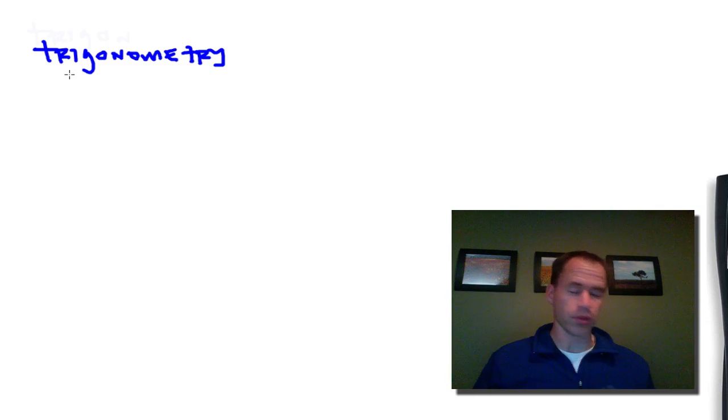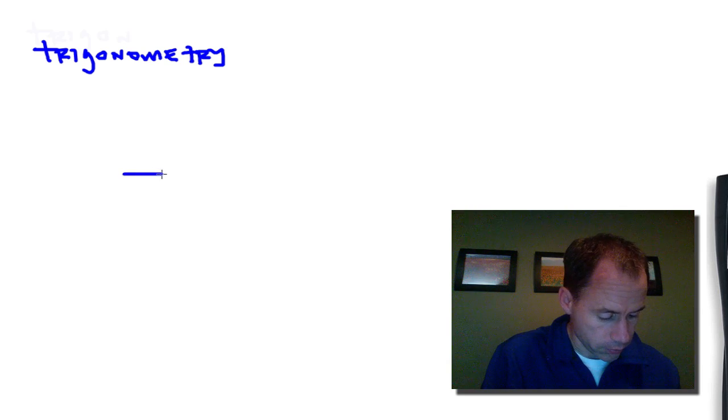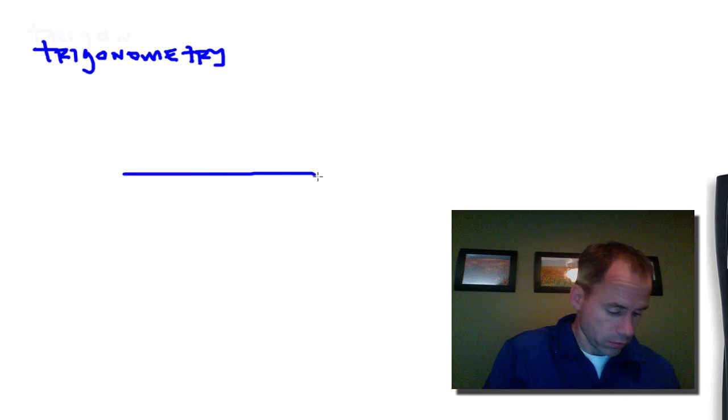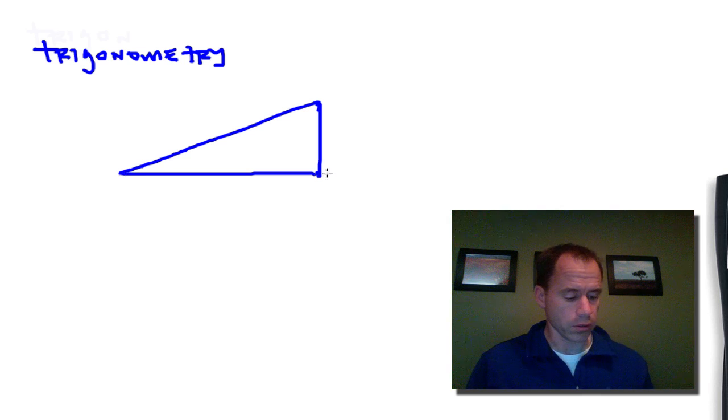So trigonometry is all about the angles and sides of triangles. So let's draw a right triangle. Like that. Okay, so we've got our right angle down here in this corner.